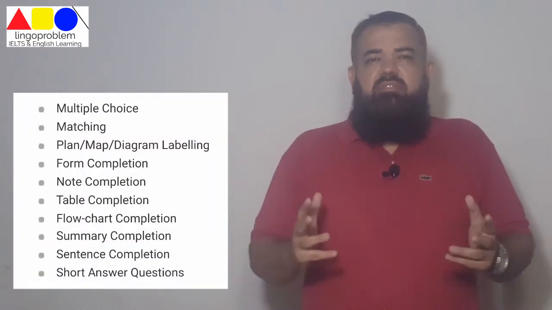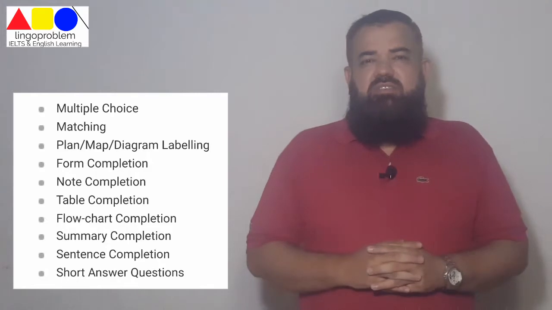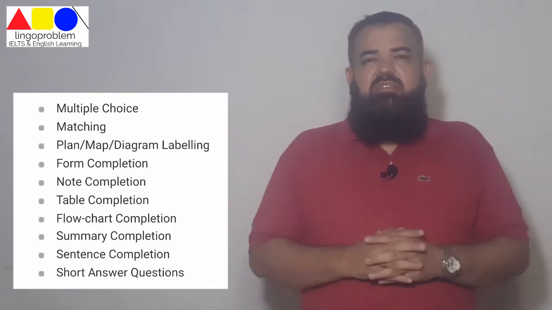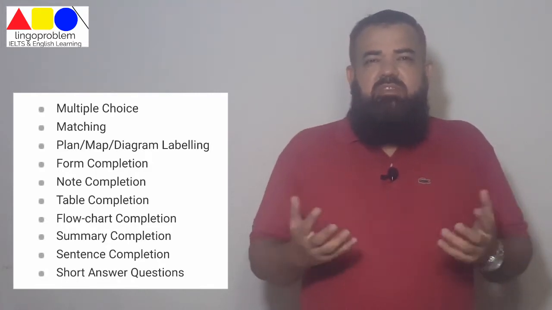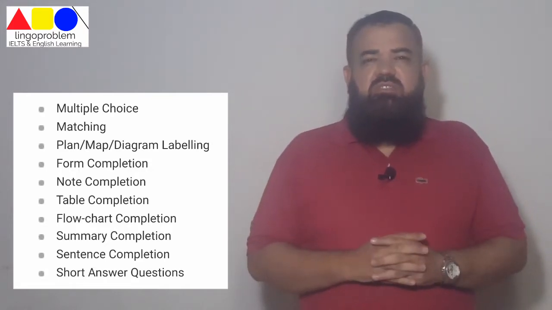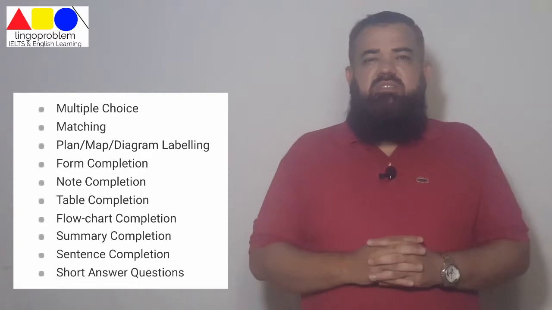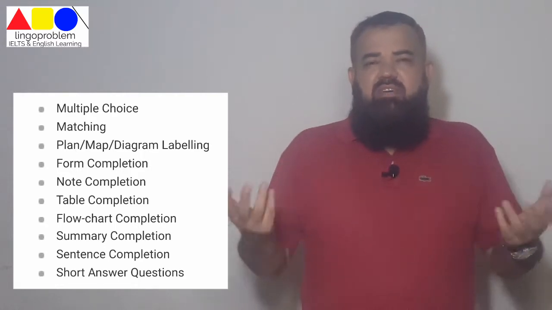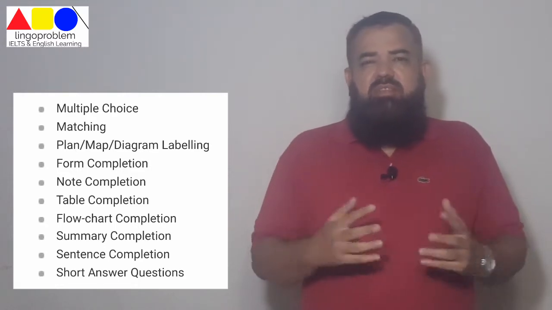You have to answer a variety of questions. You have to answer multiple choice questions. Sometimes those multiple choices could be 1 choice question up to 3 choices questions. Then you have the diagram or map labeling question.